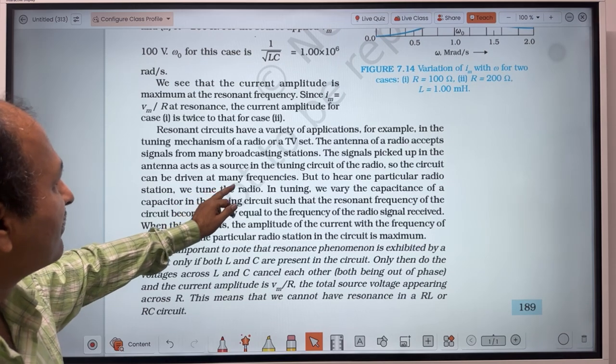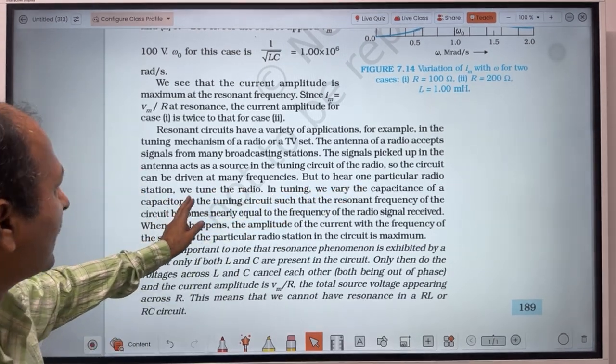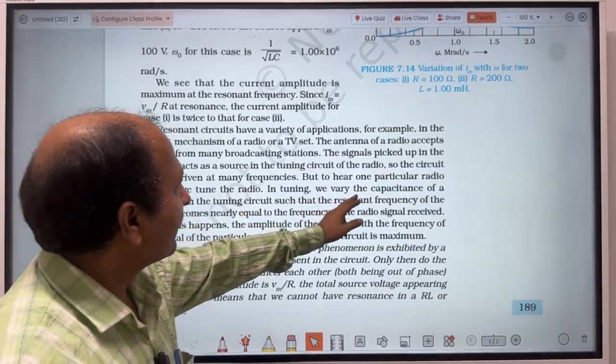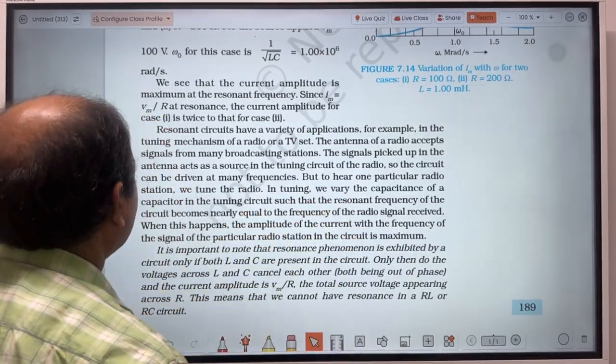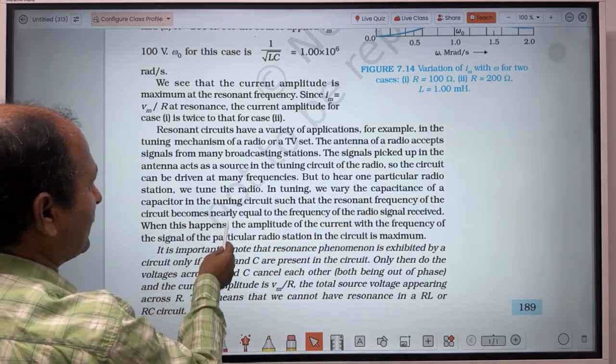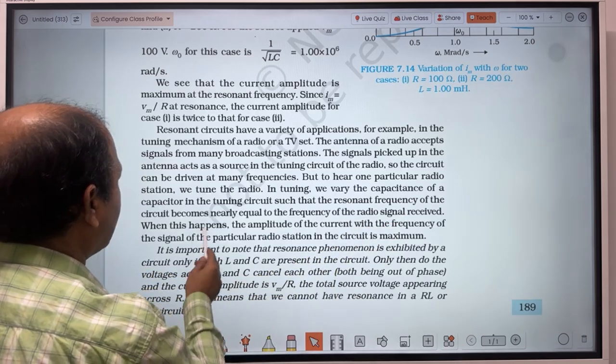So the circuit can be driven at many frequencies. But to hear one particular radio station, we tune the radio. In tuning, we vary the capacitance of a capacitor in the tuning circuit such that the resonant frequency of the circuit becomes nearly equal to the frequency of the radio signal received.